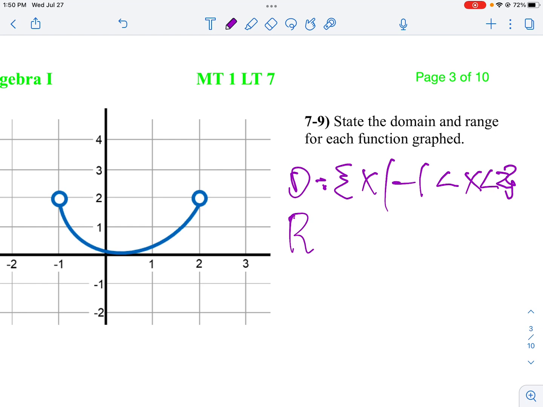And then for my range values, the set of y, this time it doesn't touch 0. It doesn't include 0. So 0 is less than y, which is less than 2.